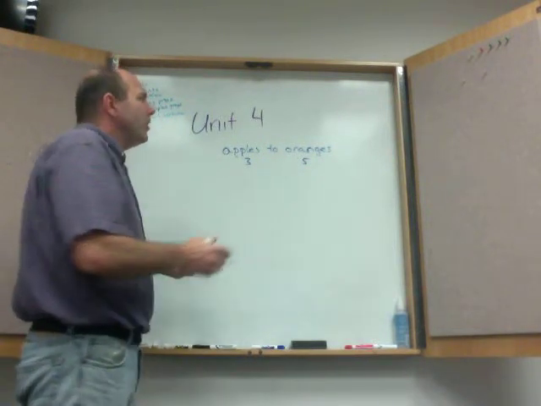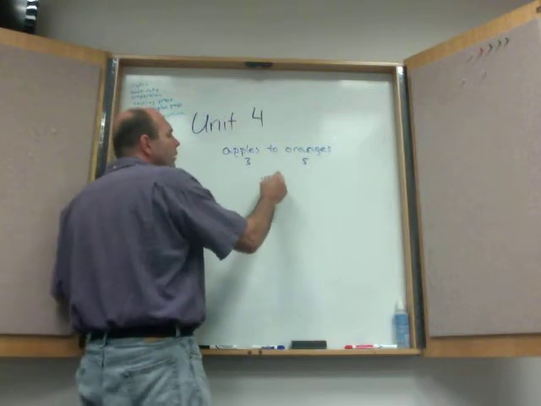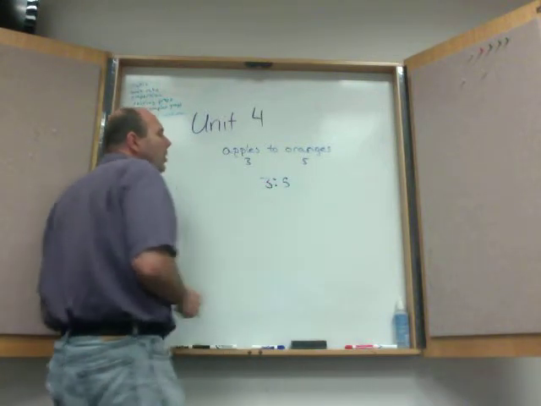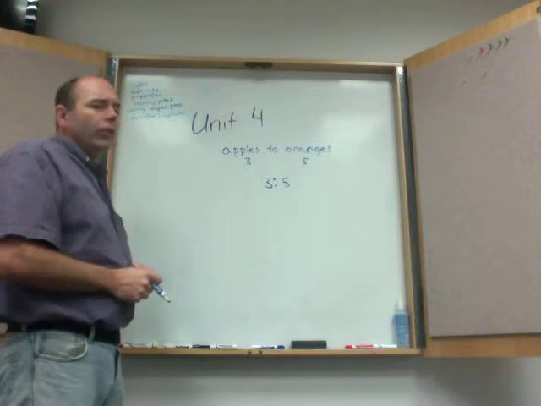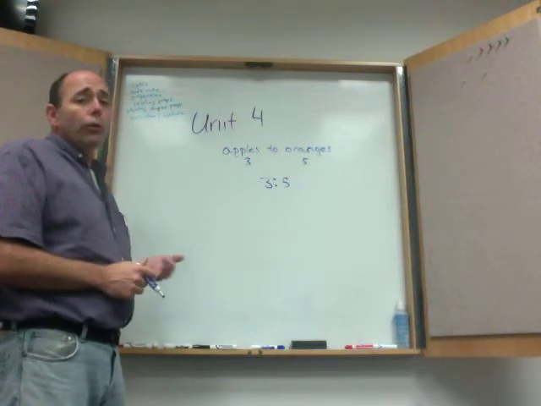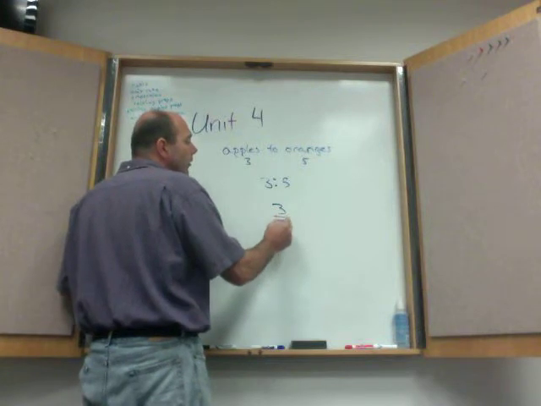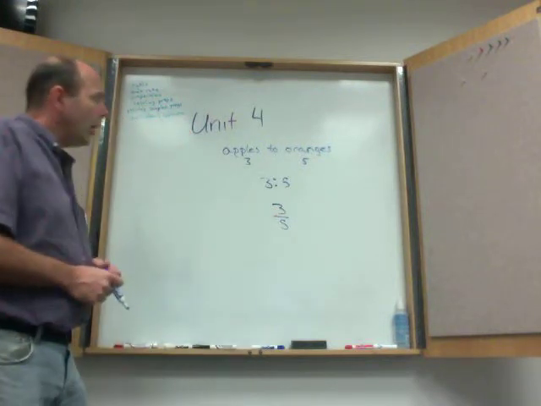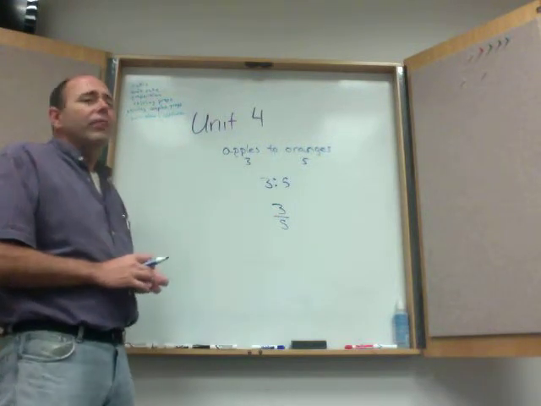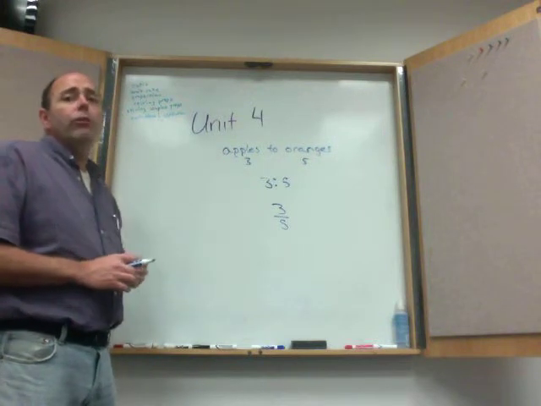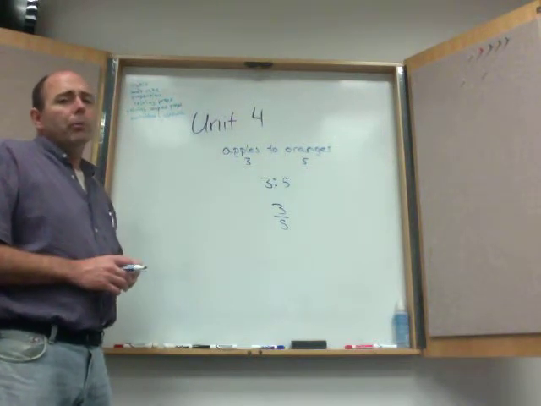Generally, you're going to see them written as 3 to 5. The other way, and it's far more useful, I feel, is to write them as fractions, 3/5. This is considered a part-to-part ratio, and that's mostly what we're going to be working with.